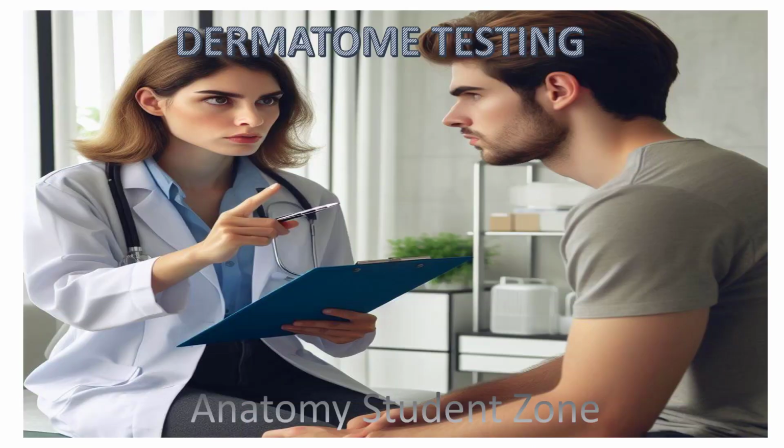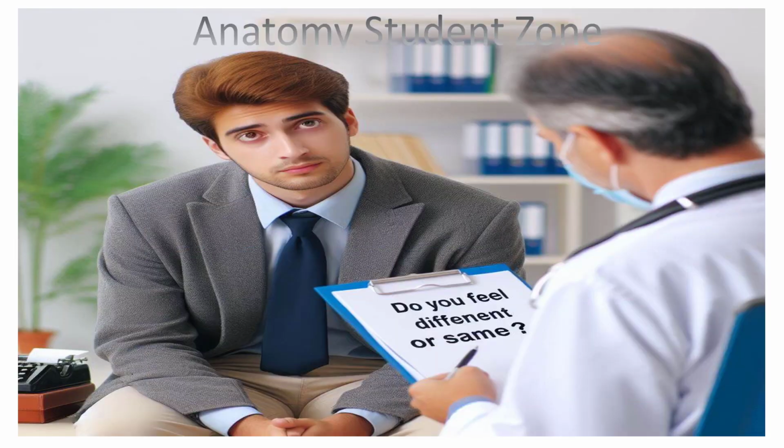While you are testing, the patient's eyes should be closed. Third, the testing is done bilaterally, meaning first the right side and then the left side. The question that you will ask the patient while testing is, do they feel the same on the right and the left, or is there any difference? And if there is a difference, how does it feel? To test these areas, look for the sensory deficit.